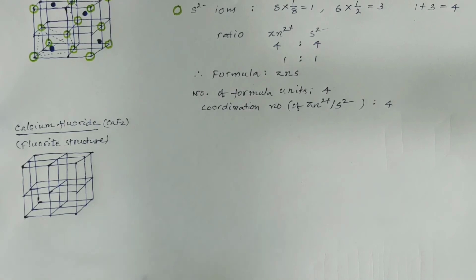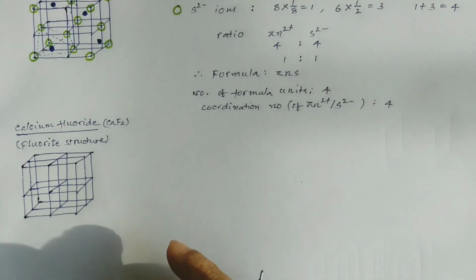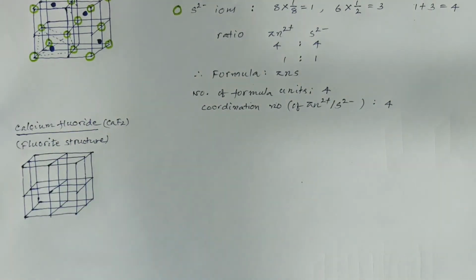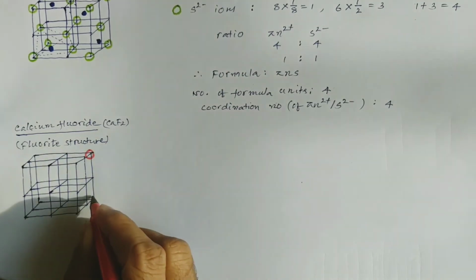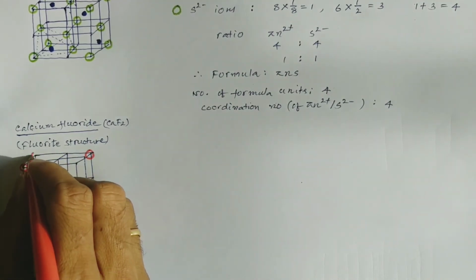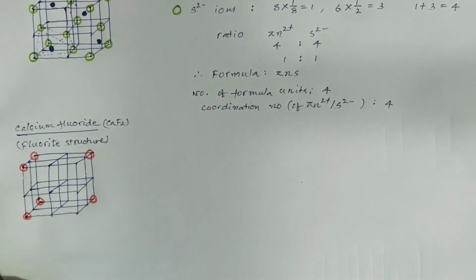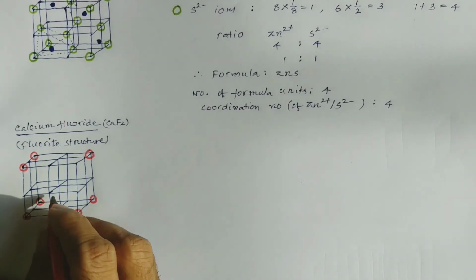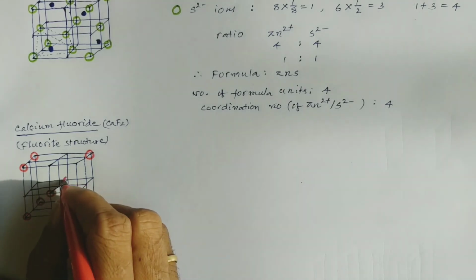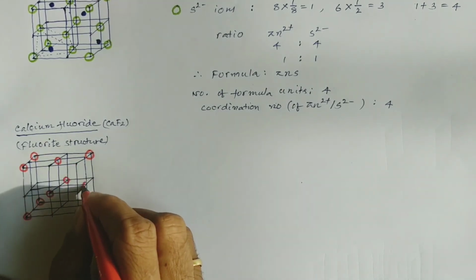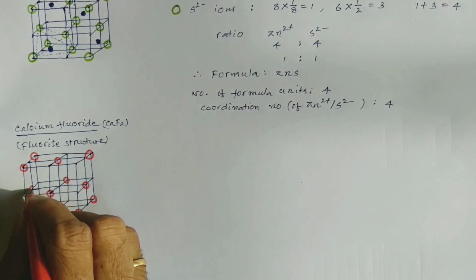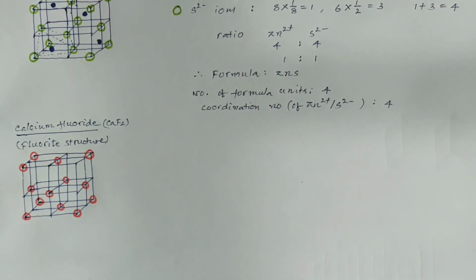So in fluoride structure, calcium ions form the lattice. They are present in the corners. In 6 faces. The smaller fluoride ions, they are present in the tetrahedral voids.